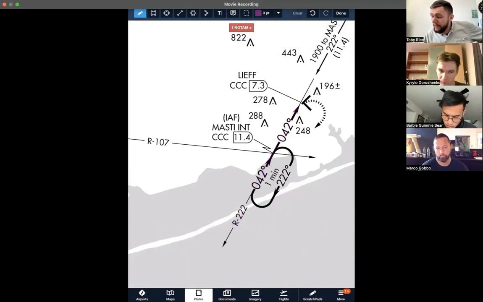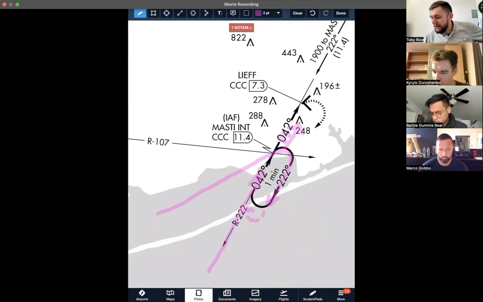I like that. However, if you were coming in from over here, you would not be stable right here to be able to immediately turn. You would be offset. So the best thing to do is to continue with your direct entry, get out this way, which allows you to then join this radial. See, you can join the radial back in. Now you're on the radial that you want to be on, and then you can go straight in.